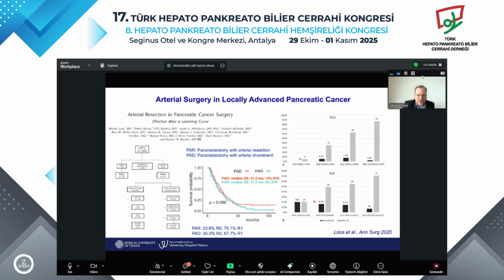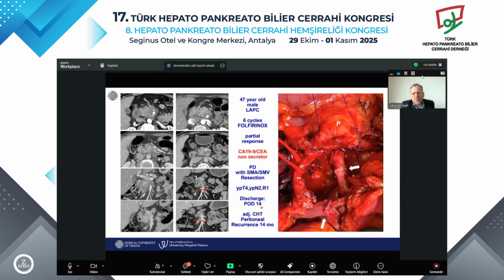Both decreased over time, and here the oncological outcome, of course, there is a bias, also because of the use of neoadjuvant therapy, but approximately the same. And so this could be an option. This was a case that I did in Vienna, a young guy with locally advanced pancreatic cancer, infiltration or encasement of the SMA and SMV.